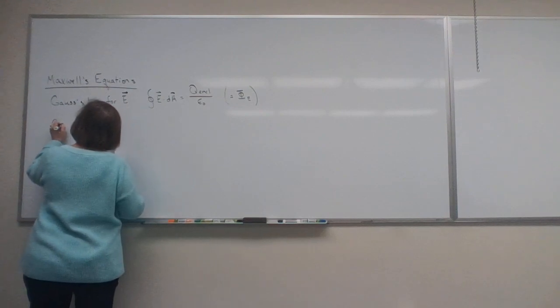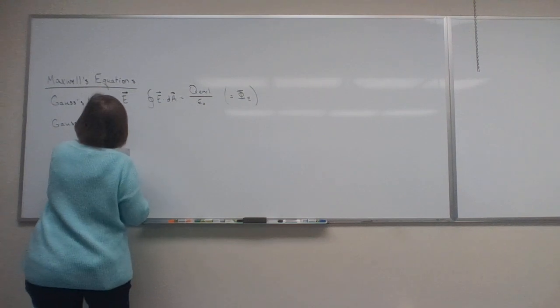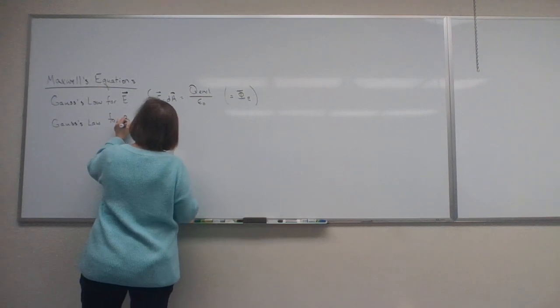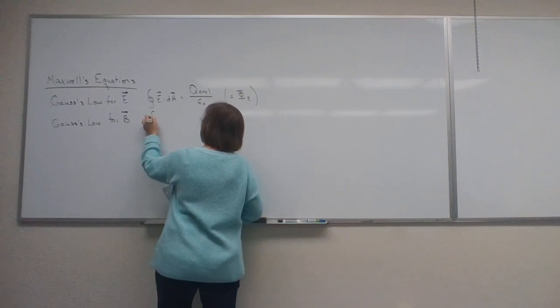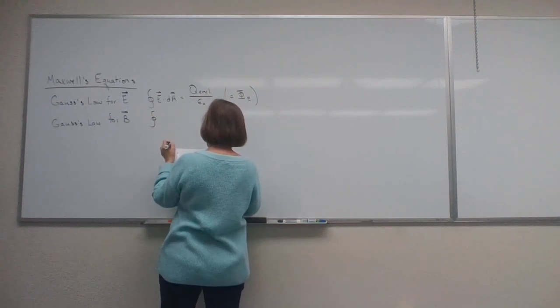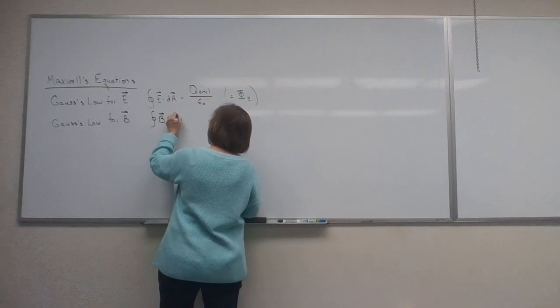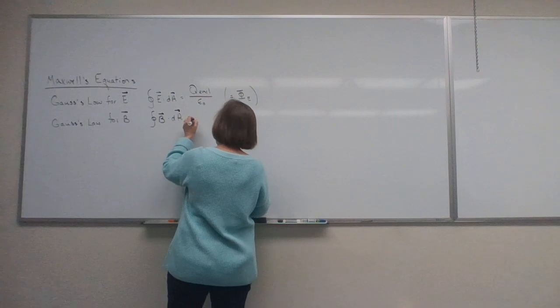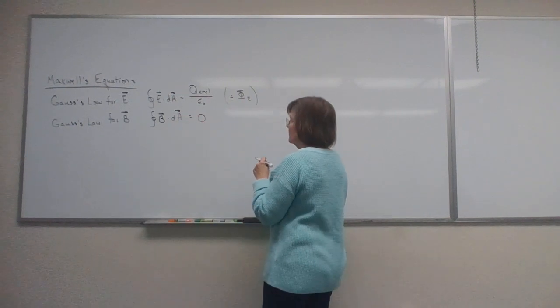We also have Gauss's law for a magnetic field. And it said that if you have a closed integral over a surface, B dot dA, it equals 0. That's also the flux.